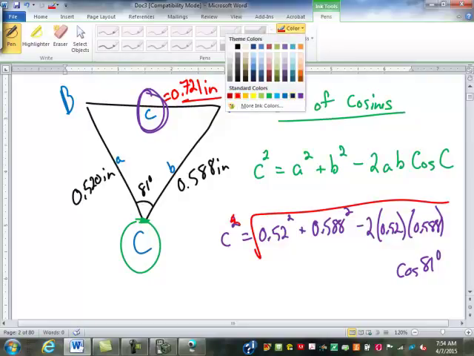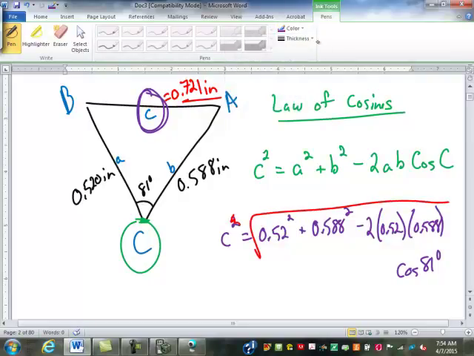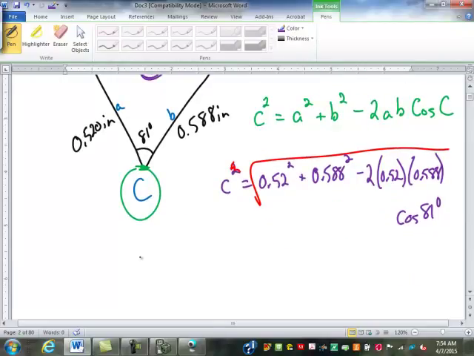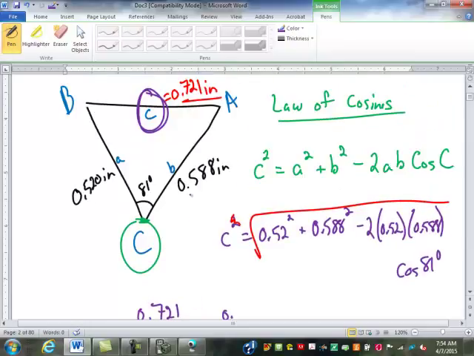Okay, so now that we have that, we have an angle and its opposite side. So we can do 0.721 over the sine of 81 equals the other side over the sine of the angle. Now, remember I said something about you want to do the smaller angle first? How do I know which angle's smaller? The shorter side, right?